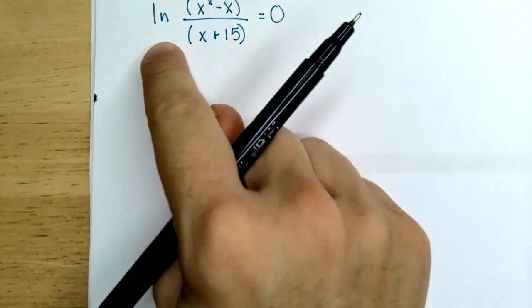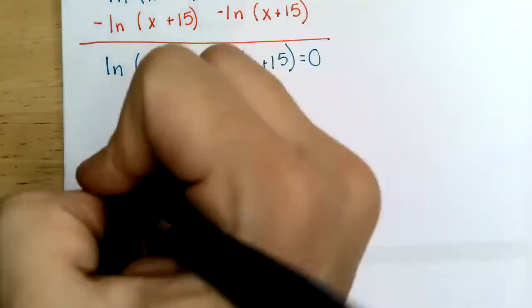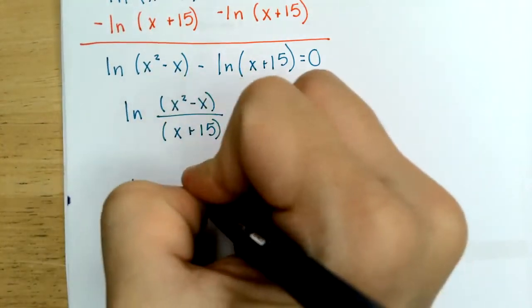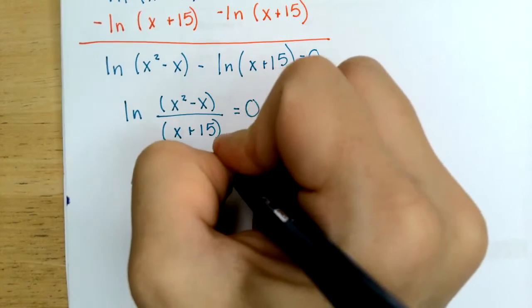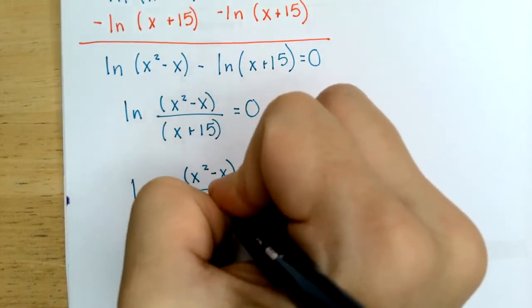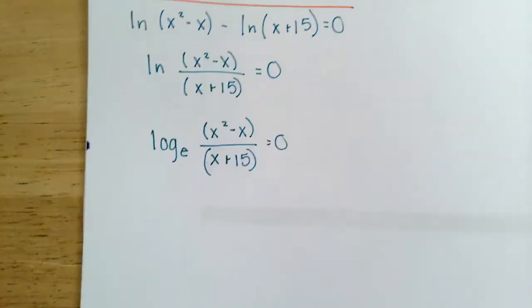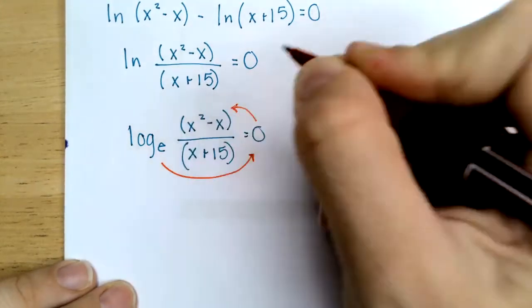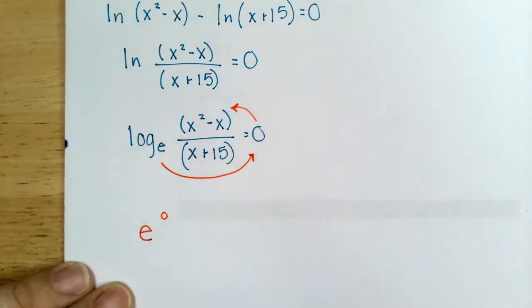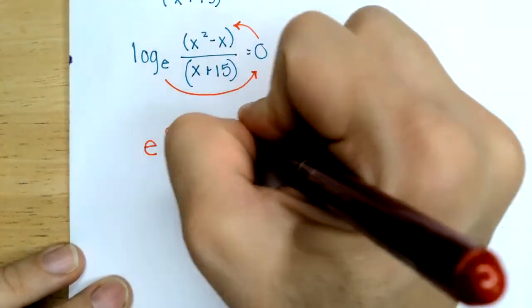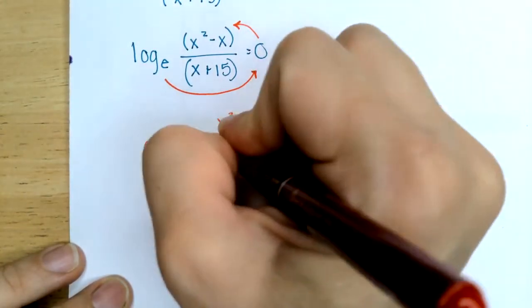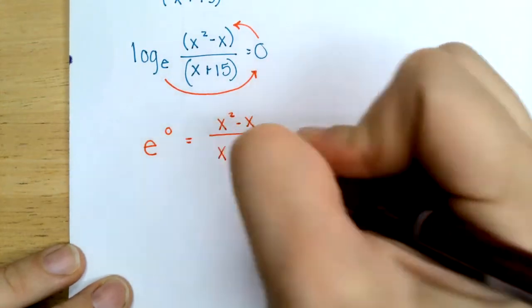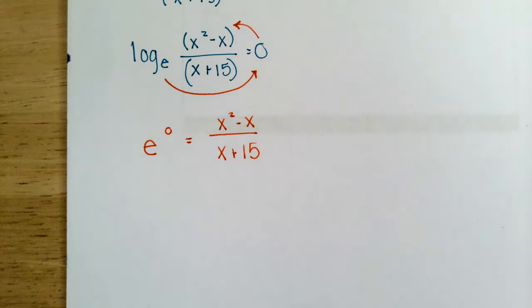Because ln, the natural log, is log base e, I'm going to rewrite it as log base e of X squared minus X over X plus 15 equals 0. And we're going to convert. So now I have e to the 0 power is equal to X squared minus X over X plus 15. Good? Okay. Hold on, I need to plug in my computer.